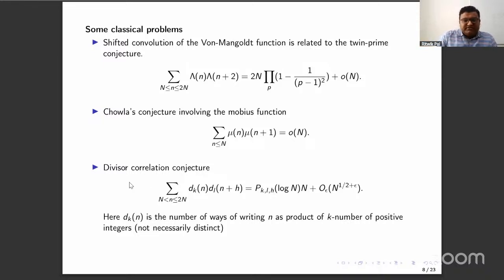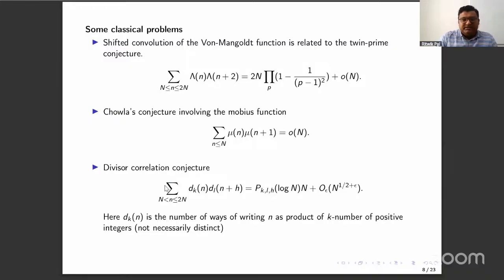The divisor correlation conjecture says the sum of d_k(n) d_l(n plus h) is some polynomial in log N, which depends on k, l and h, times N, plus big O of N to the power half plus epsilon. Among these three conjectures, the third one is the most active, and a lot of people work on it, but no one has been able to prove this conjecture.